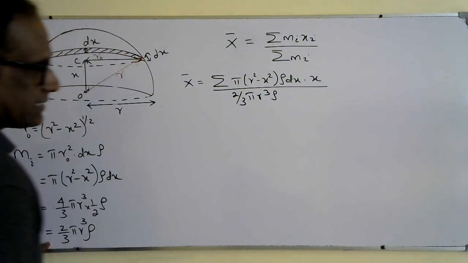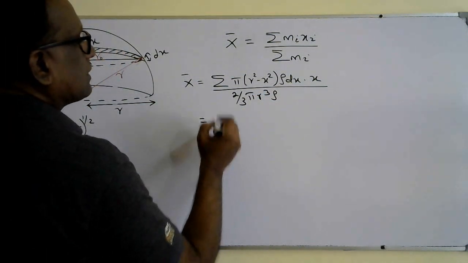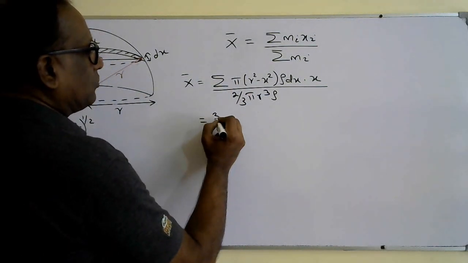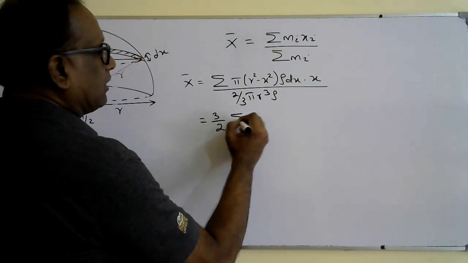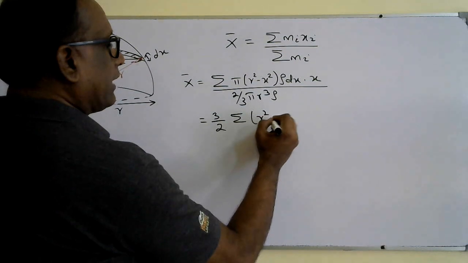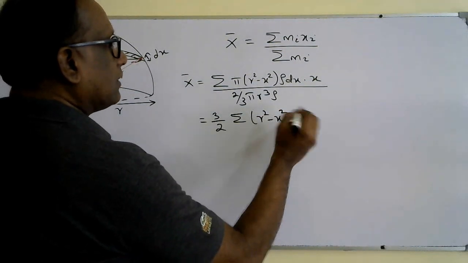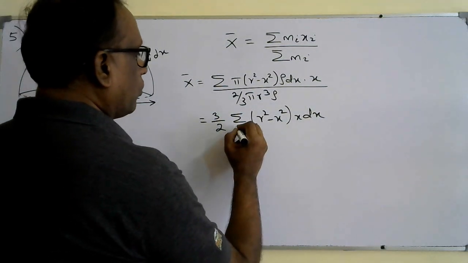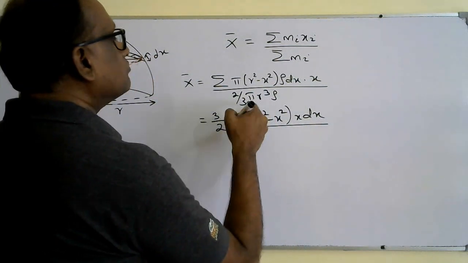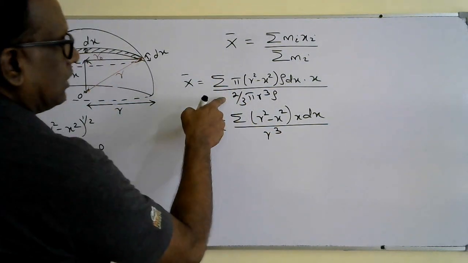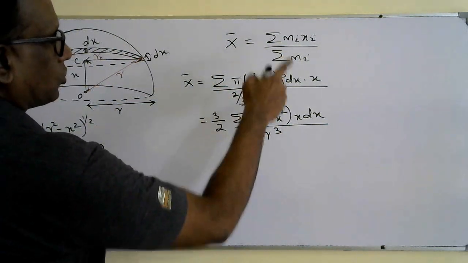So rho and rho will get cancelled, pi and pi will get cancelled. So 2 by 3 will become 3 by 2, sigma (r squared minus x squared) into x dx over r cube.